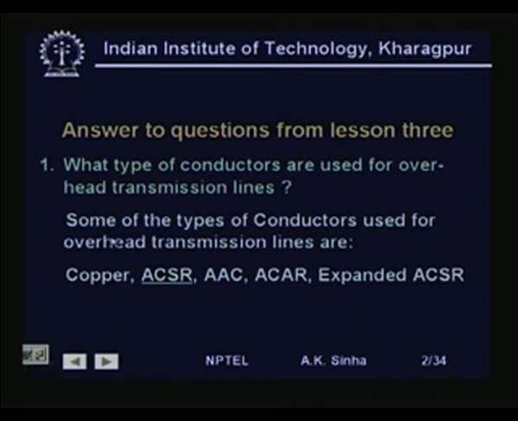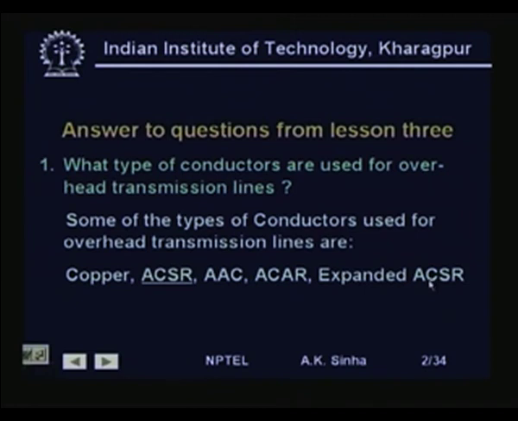Well, some of the types of conductors used for overhead transmission lines are copper conductors, which is very rarely used nowadays, ACSR, that is aluminum conductors, steel reinforced conductors, then all aluminum conductor or ACAR conductors or expanded ACSR conductors which are used.